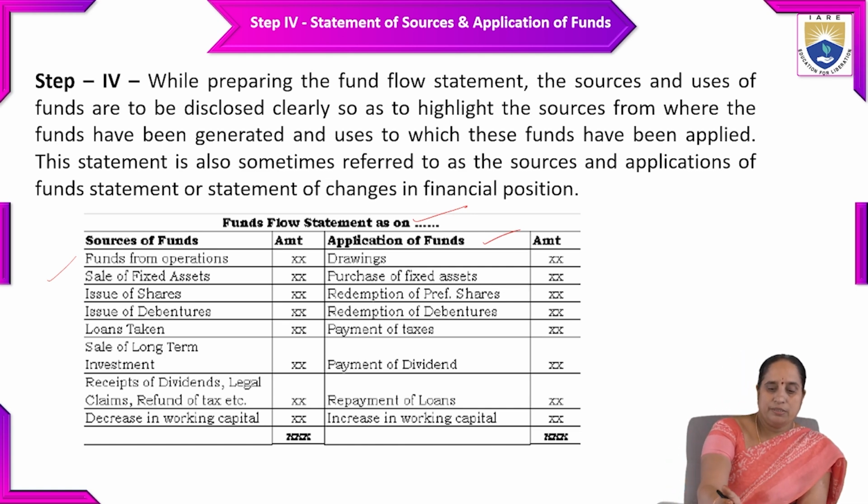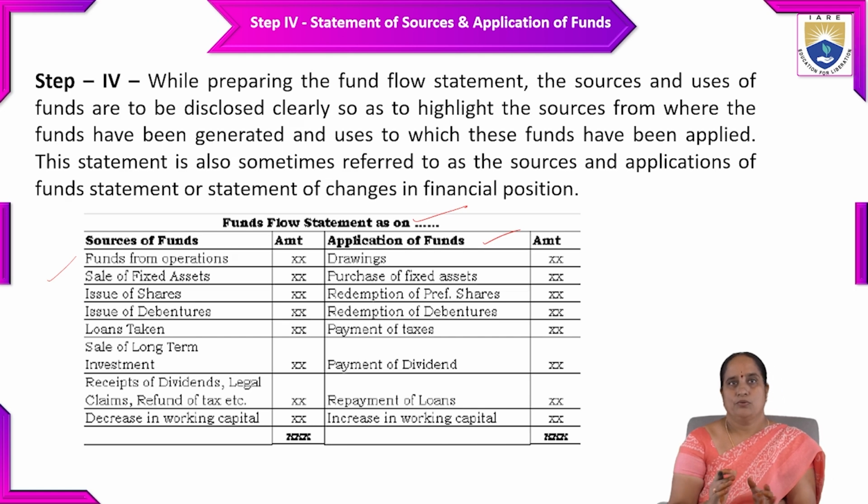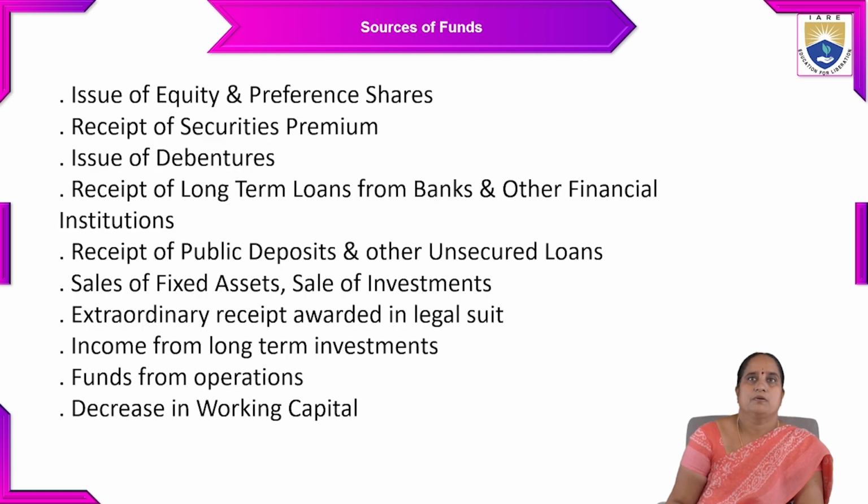Based on statement 1, the statement of changes, if we have an increase in working capital, that should be added to the application of funds. So like this we have the information about what the sources of funds are and where we have exactly applied those funds in the form of application of funds.